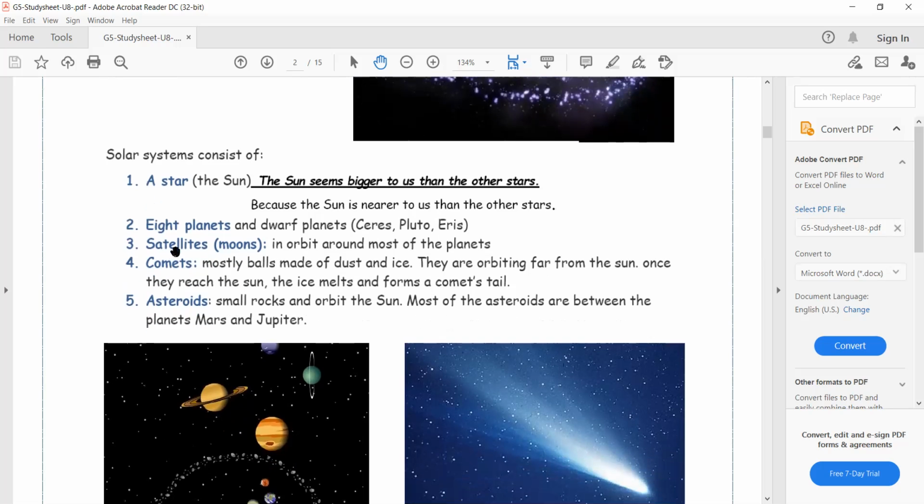The second type is satellites, or moons, the natural satellites. The sun is the star at the center of our solar system.